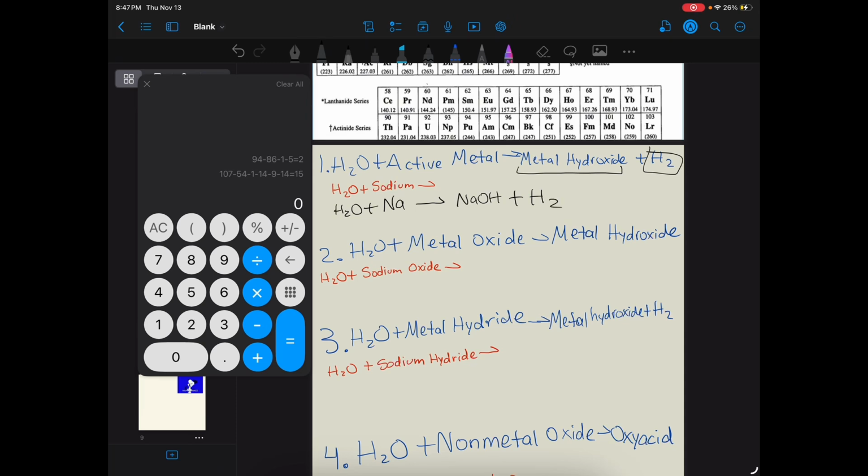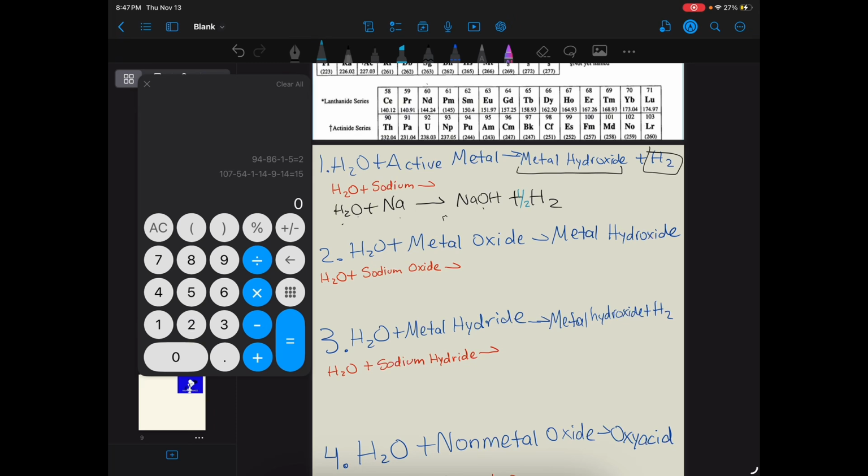So then with balancing this, we can see that we have 2 hydrogens here, 3 hydrogens here, 1 oxygen here, 1 oxygen here, and 1 Na there, and then 1 Na here. So the easiest way to do this would be to put 1 over 2 on the right side.